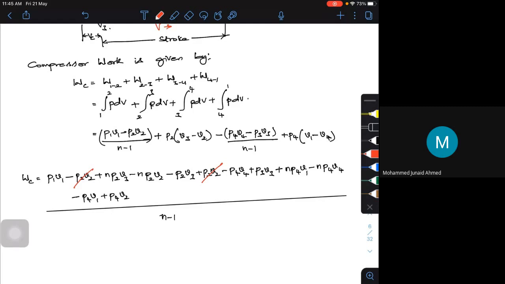Okay, P4 is equal to P1, I can write this as P1 only. So this will become plus P1 V1, then minus P2 V3, plus P2 V3.